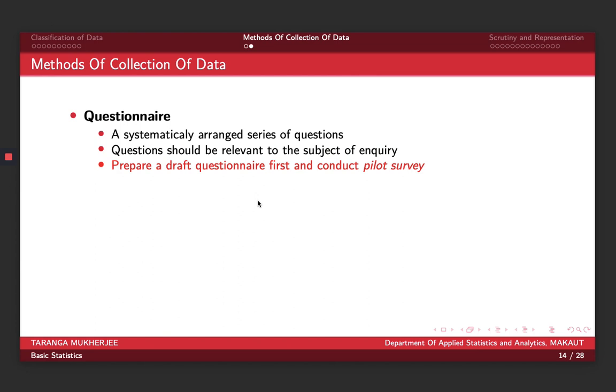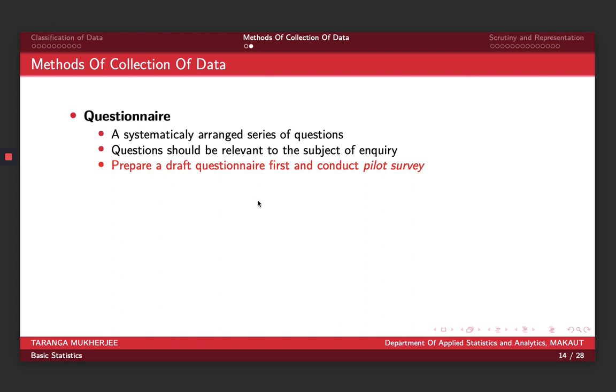So first we should conduct a pilot survey. What is meant by a pilot survey? Suppose in a locality there are 400 households and I want to know the household income. But at first we should not visit all the 400 households. We should start with a bare 10 or 20 households and we should place the questions and just see the responses.